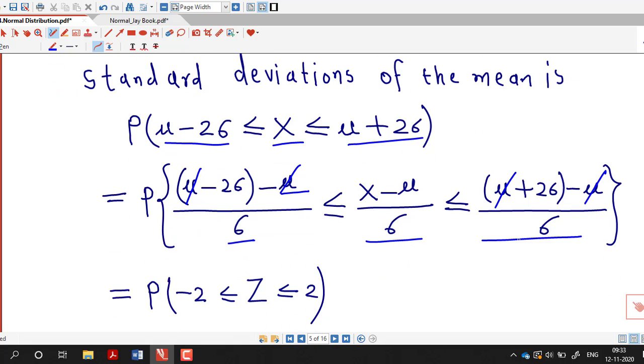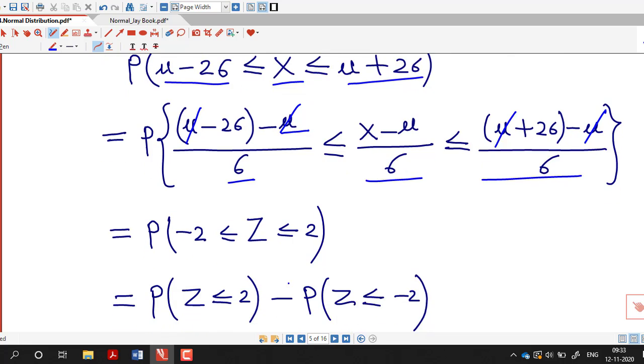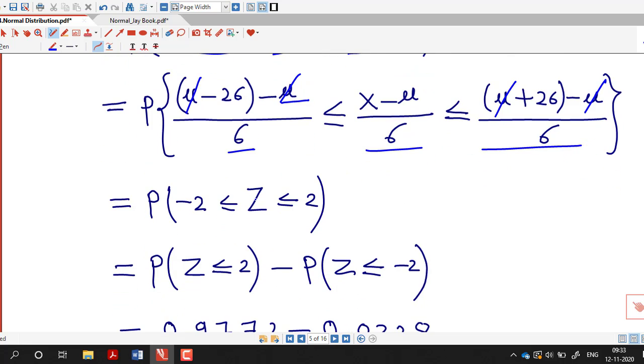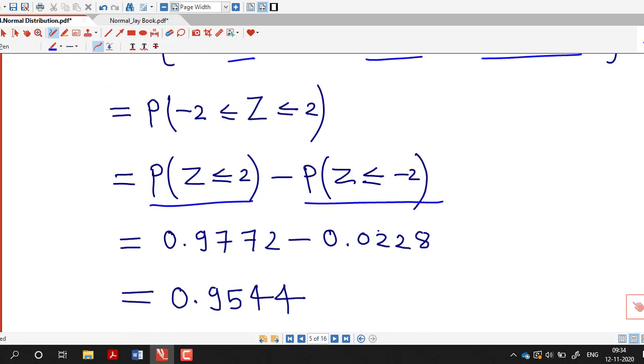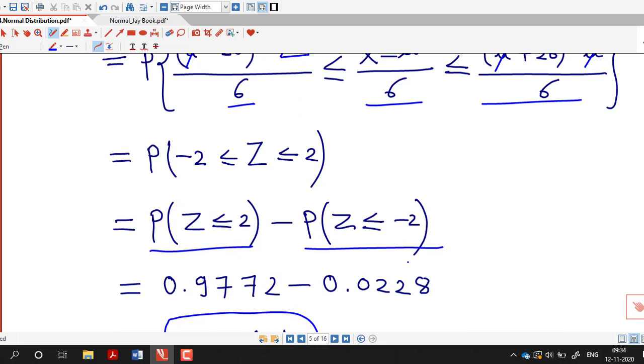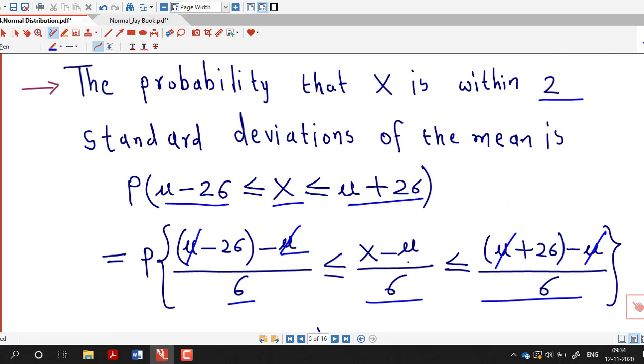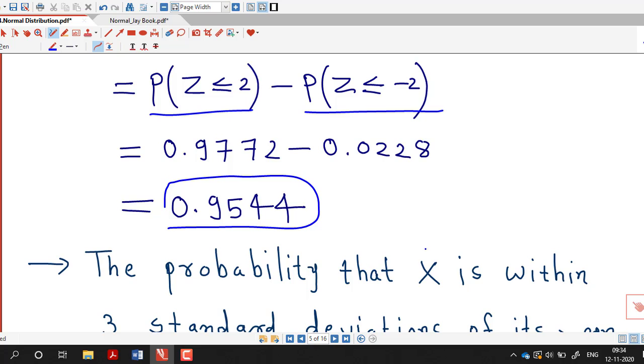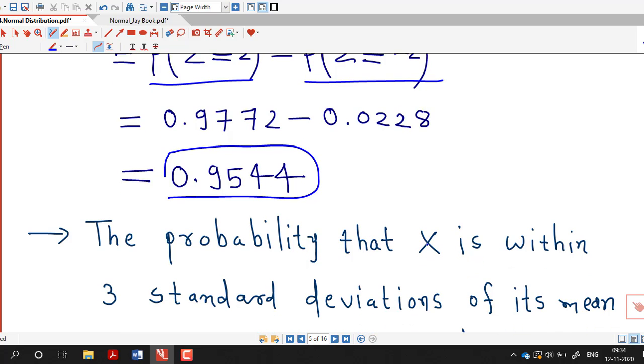So this is equivalent to the probability that minus 2 is less than or equal to Z less than or equal to 2. So this we can write as the probability that Z is less than or equal to 2 minus the probability that Z is less than or equal to minus 2. And using the table we will find that the required probability is 0.9544. So the probability that X lies within two standard deviations of its mean is nothing but 0.9544.